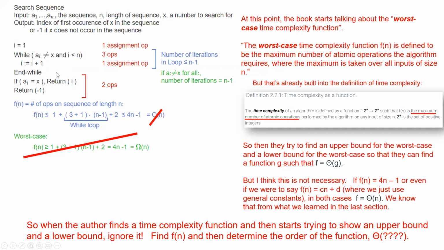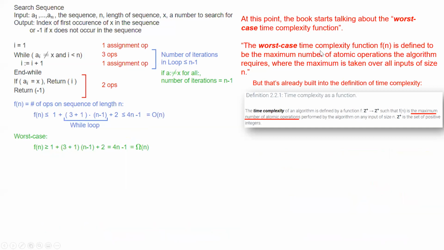If it's looking for a 5 in a sequence, and the first number in that sequence is a 5, it's done, right? It's not going to go through all of these. So here's the deal. They're using this as an example that there's a worst case scenario where you would have to go through all of them, not just find it the first time you check, right? So the book starts talking about this worst case time complexity function.